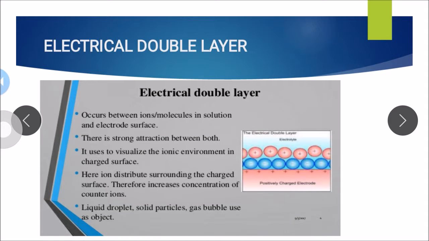Then after that there will be positively charged ions. So here ions distribute surrounding the charged surface, therefore increasing the concentration of counter ions. A liquid droplet, solid particle, or gas bubble can be used as the object here.